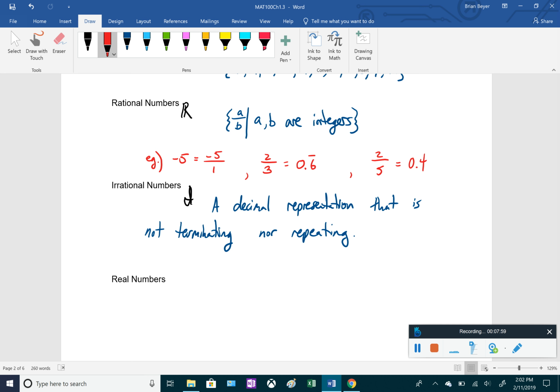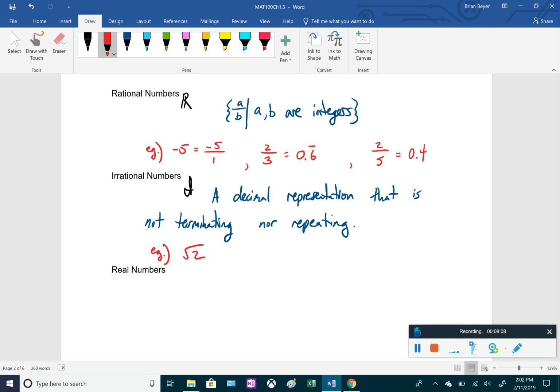So examples of these: something like the square root of 2. The decimal representation for this would be about 1.41421356. It's going to keep on going forever and ever, and it's never going to repeat itself. That is an irrational number.